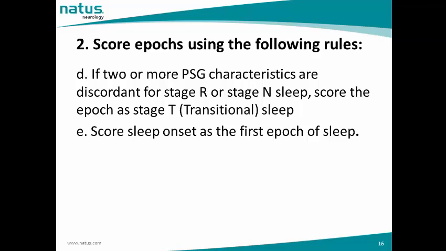If 2 or more PSG characteristics are discordant for stage REM or stage N sleep, score the epoch as stage transitional. Sleep onset is defined when we score the first epoch of sleep.